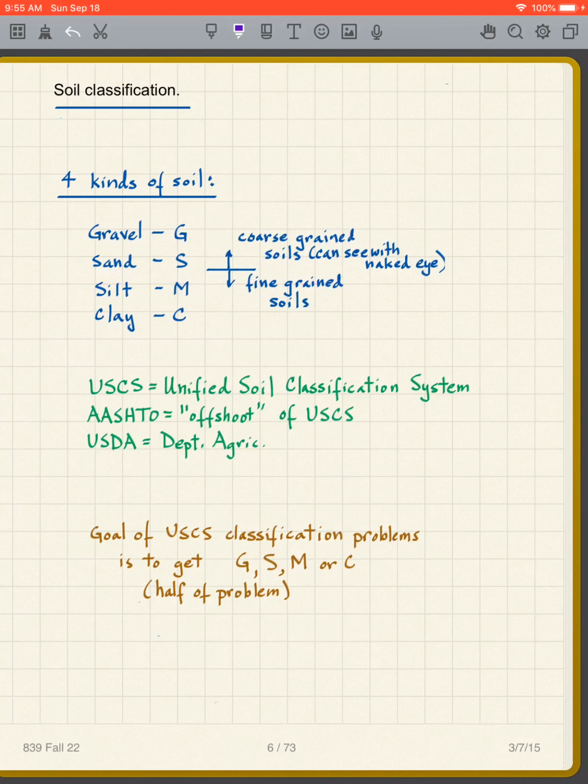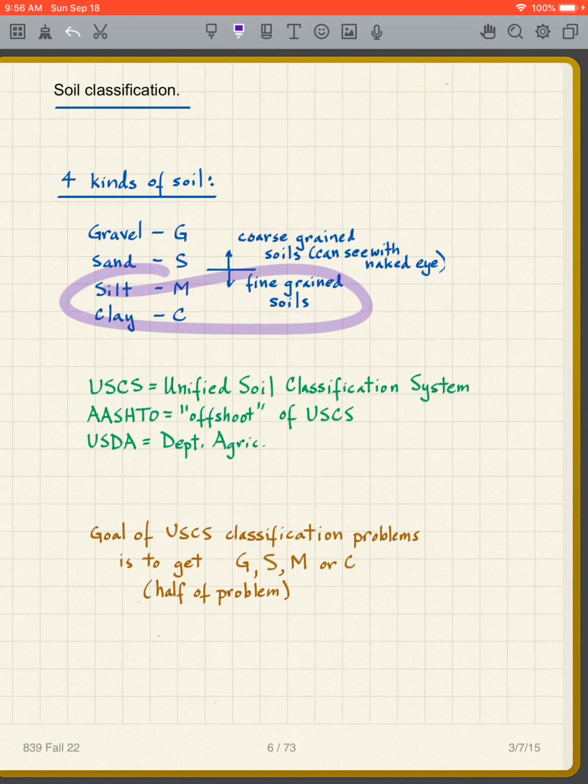Consider flour in your kitchen. If you pick up flour, you cannot see a single grain of flour with your naked eye. That is what silt and clay are like. They are fine-grained soils. And the other part of it is that these fine-grained soils interact with water completely different from the coarse-grained soils, the sand and gravel.